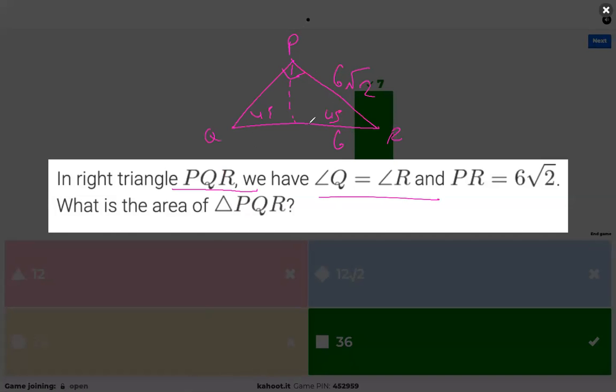And that makes this 6. And this is 6. So the area is 6 times 6 equals 36. Yeah, PQ is a leg.